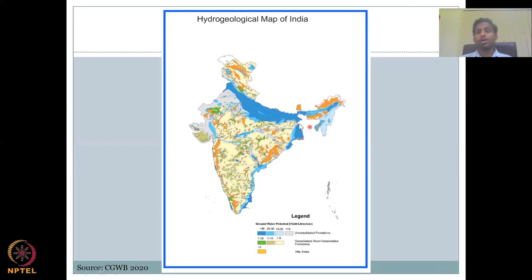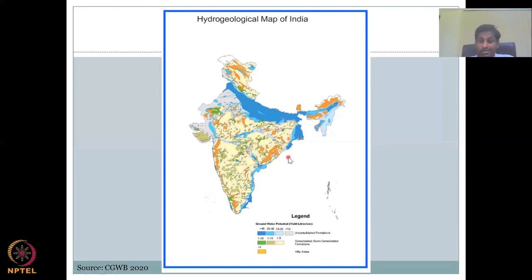All the basins or all the areas with a big river network, you could see a good groundwater availability in terms of yield. And here on the coastal regions also, because all these central flowing rivers would come and deposit here. So all the sediments would give you a good aquifer, alluvial or sediment aquifers.